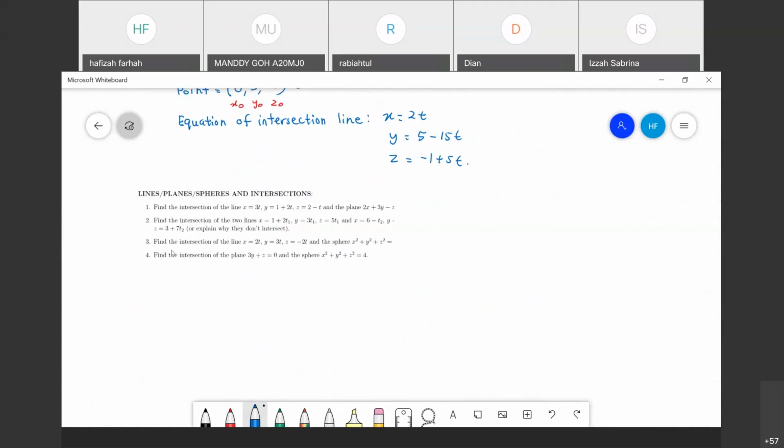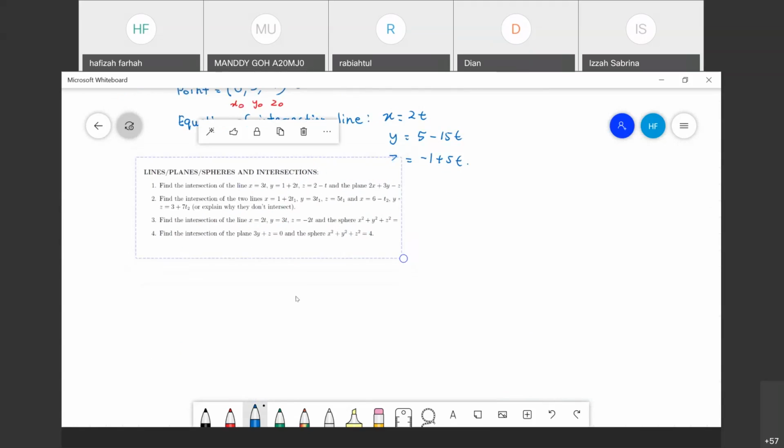Okay, let us try the final questions from the last topic. Find the intersection of the plane 3y plus z equals to 0 and the sphere given as this equation. So now we want to find the intersection.